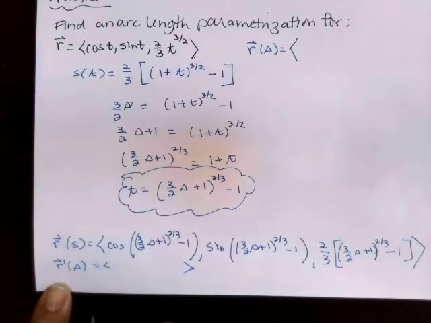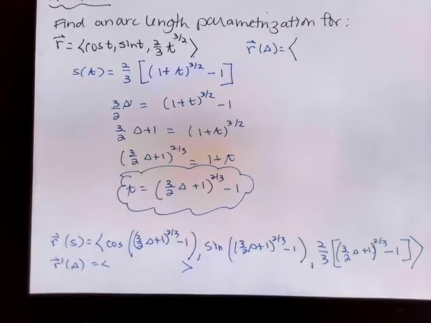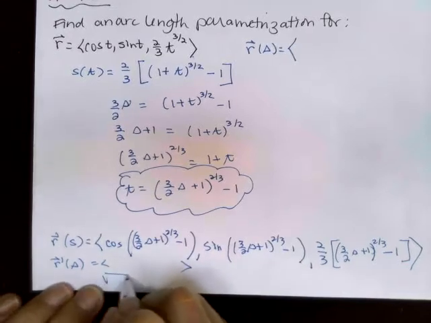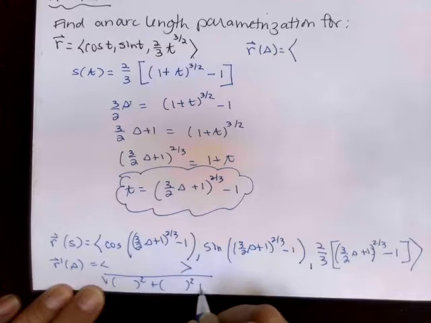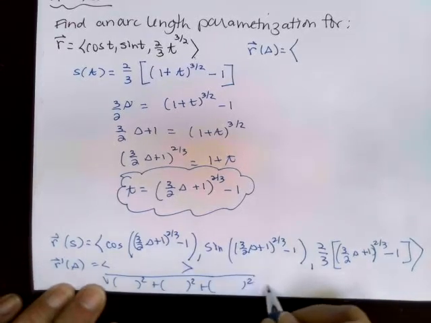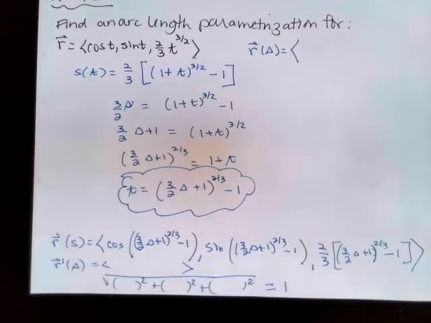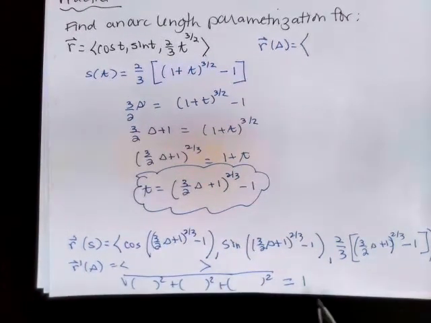Then you would find its length. Because of how we've parameterized that, all of your s's are going to cancel away. I'm seeing a whole lot of Pythagorean identities in there, and this will equal 1 regardless of what s is. So that is what an arc length parameterization is.